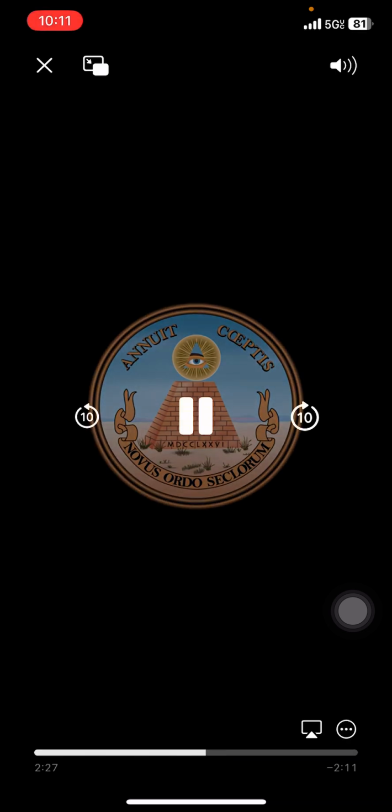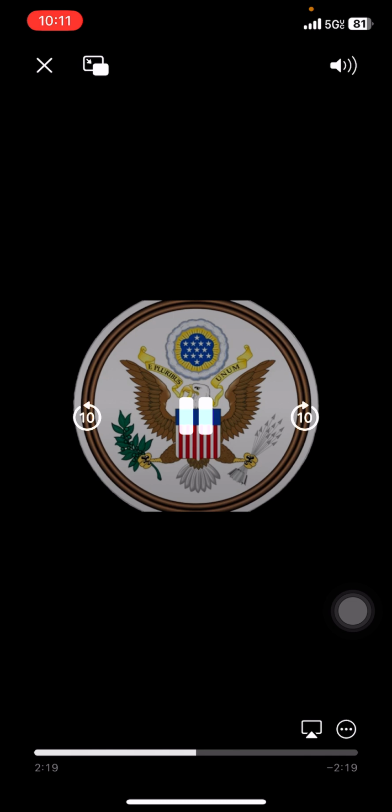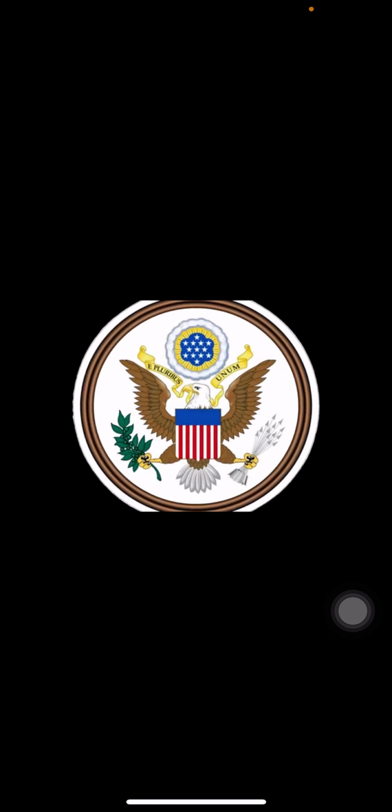Annuit coeptus indicates side, out of many, one, was meant to reflect the new union of the 13 original states. At the top of the reverse side, the color blue represents vigilance, perseverance, and justice. The Latin motto, Annuit coeptus, indicates that God has favored our undertaking.